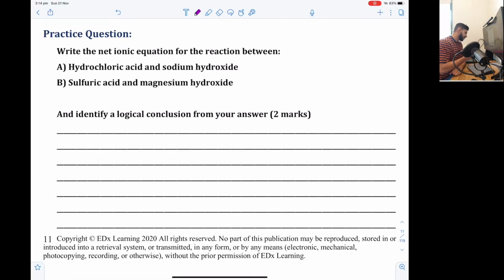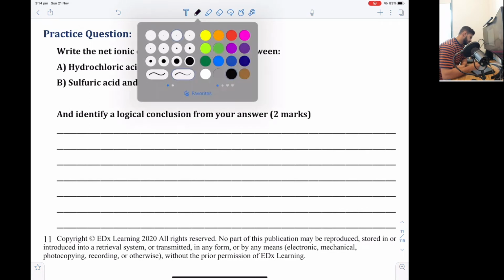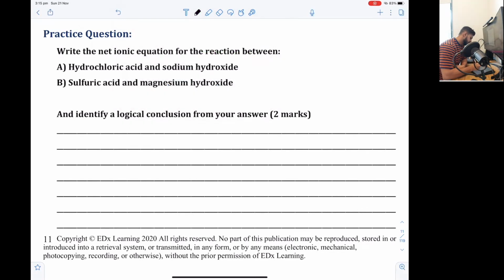So Gerald, what was the net ionic equation for both these reactions? For the first one, it's H+ plus OH- gives you H2O. Good. And what about the second one? The second one, it's 2H+ plus 2OH- gives you 2H2O. Very good. But if there's 2, 2, and 2, what can we do?